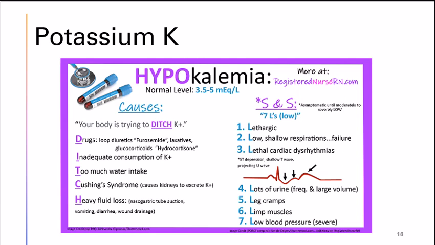For those of you that are either in or have completed EMC 303, keep in mind that the telltale tall peaked T wave tells us that we've got too much potassium.